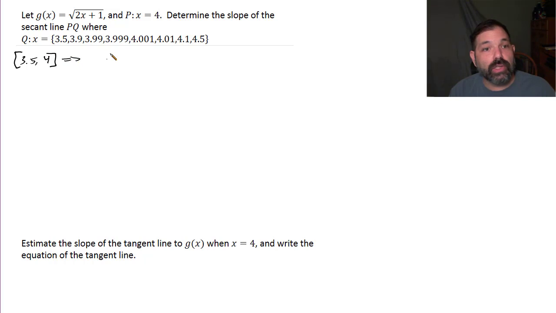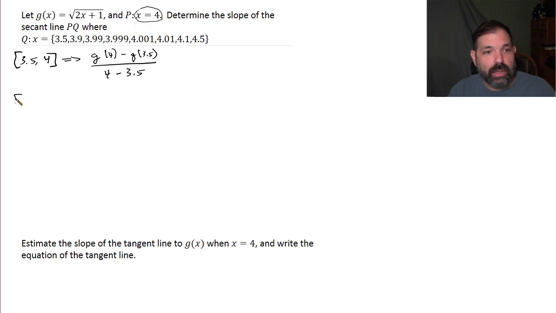So then the slope would be g of 4 minus g of 3.5 over 4 minus 3.5. Now, we're going to have some square roots in here. This is going to be a mess. But what I know is the 4 is always going to be constant in these problems, and the other thing is going to change.